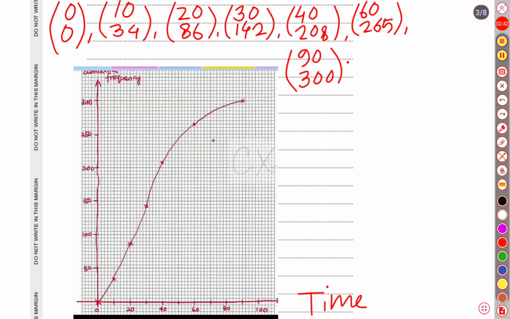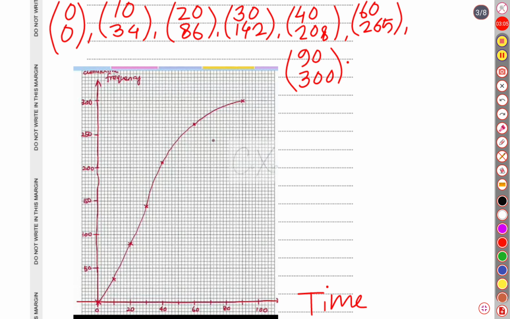Along the x-axis we have written the time, and along the y-axis we have written the cumulative frequency. There are 7 points we have plotted: 1 2 3 4 5 6 7.